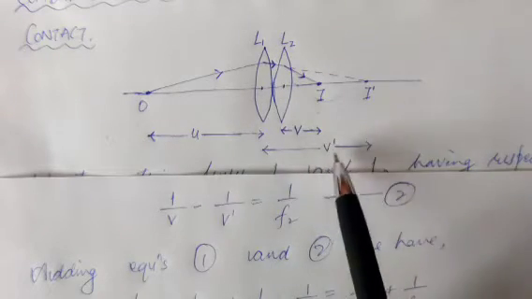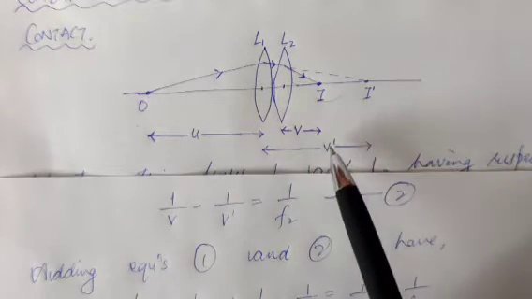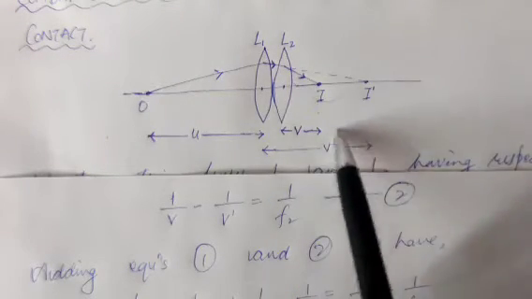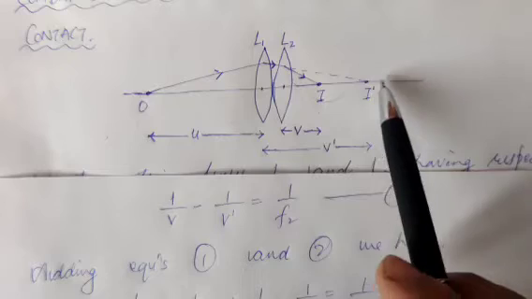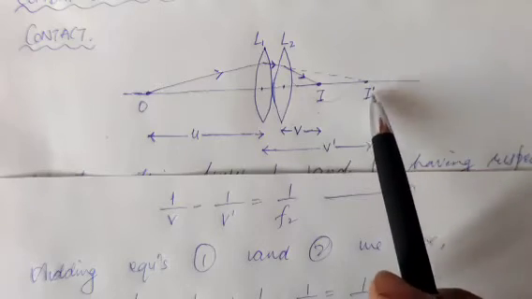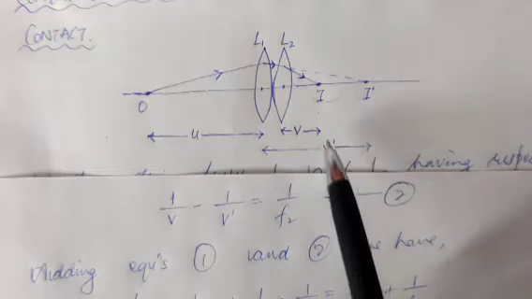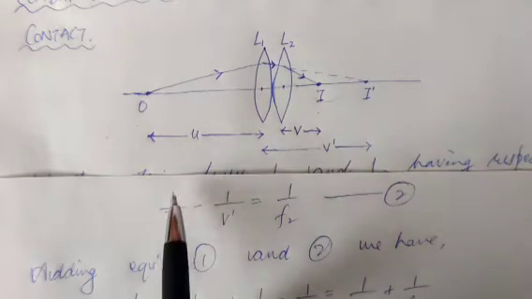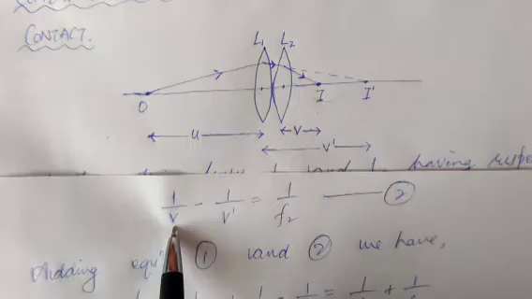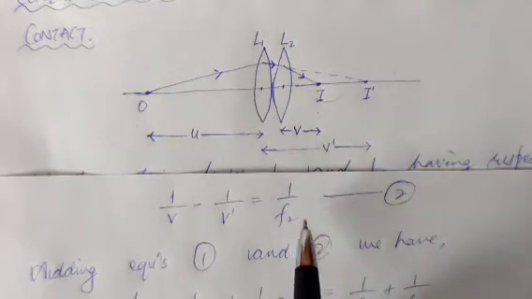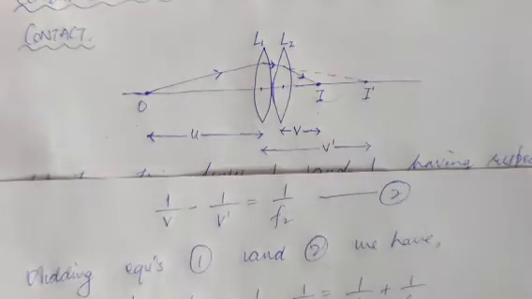So V dash also is the distance of I dash from L2. That is why V dash is now the object distance. This acts as the virtual object for lens L2. So 1 by image distance for lens L2 minus 1 by object distance for lens L2 equals 1 by the focal length of the second lens L2, of course.